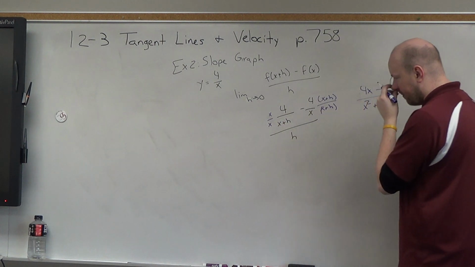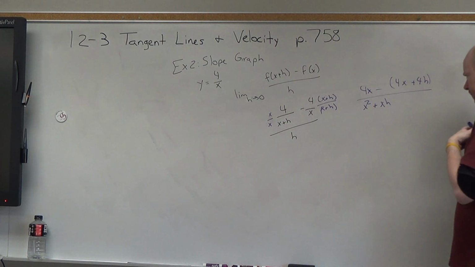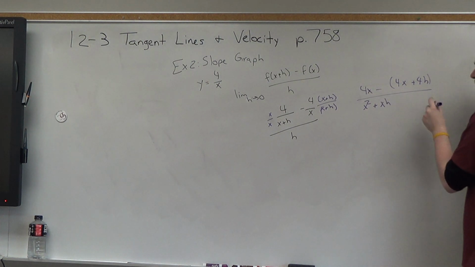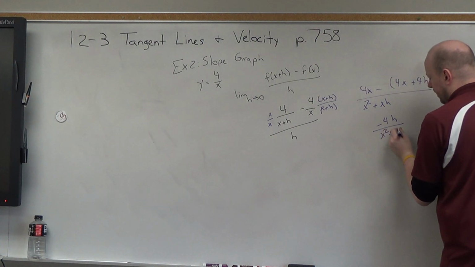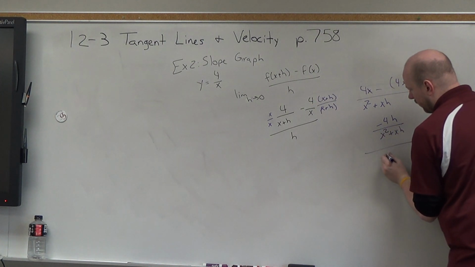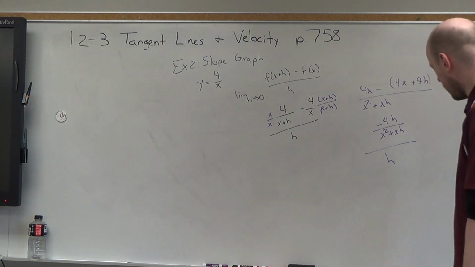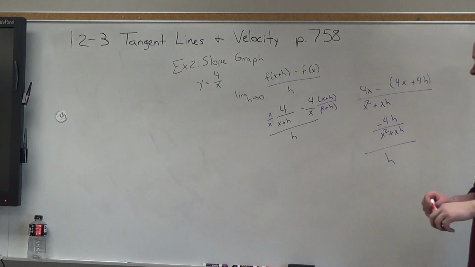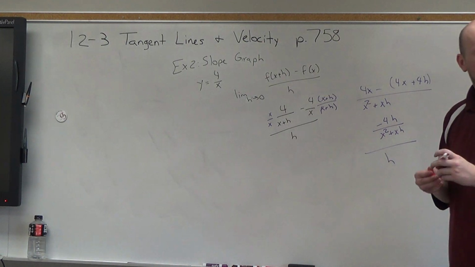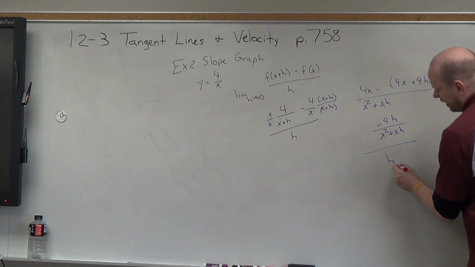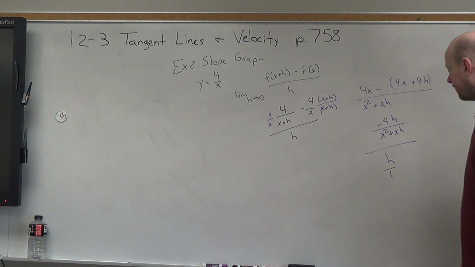I just distributed it. Well, 4x minus 4x is going to be 0x. So all I'm left with is a negative 4h up top, negative 4h over x squared plus xh all over h. Okay. Well, again, it doesn't seem like I have anywhere to go. But now I just have two fractions, and we've divided fractions before. This is not just h, it's actually h over 1. And to divide fractions, keep change flip.